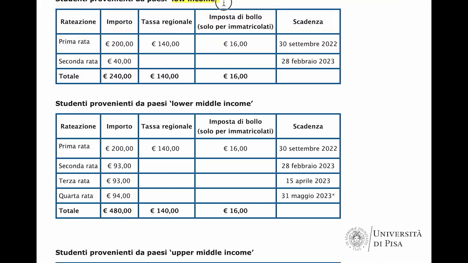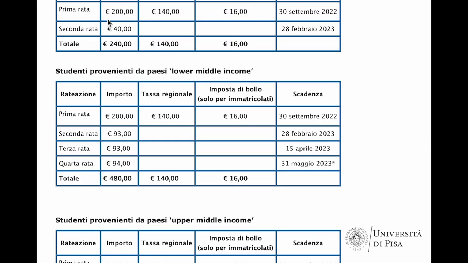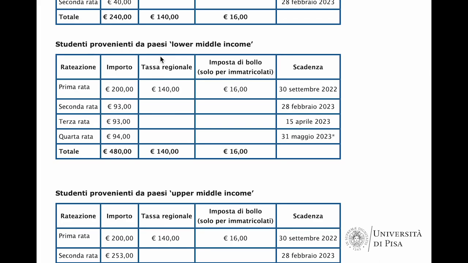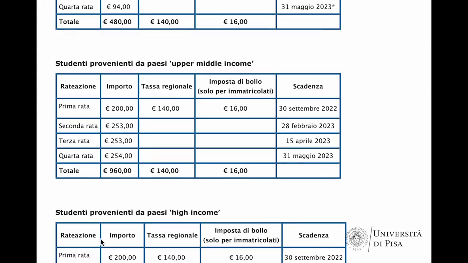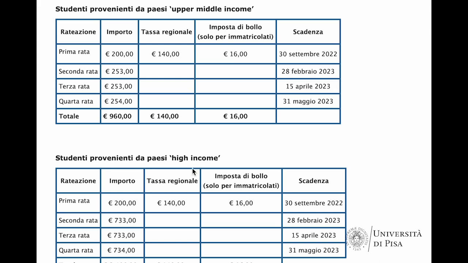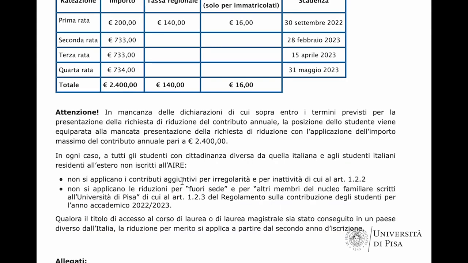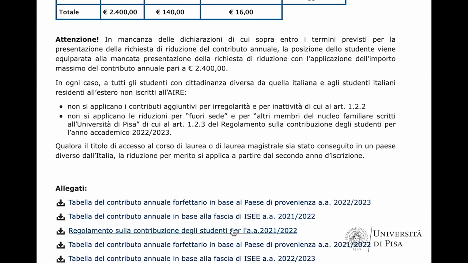If your country is low income, you will pay only the first installment, which has a deadline of 30 of September of the current year, 200 plus 140 plus 16, and the second installment only 40. If your country is lower middle income, you will pay this plus this plus this plus this plus this one. If your country is upper middle income or high income, you can find the schedule for the countries here.